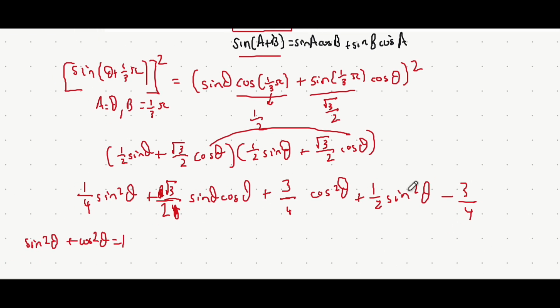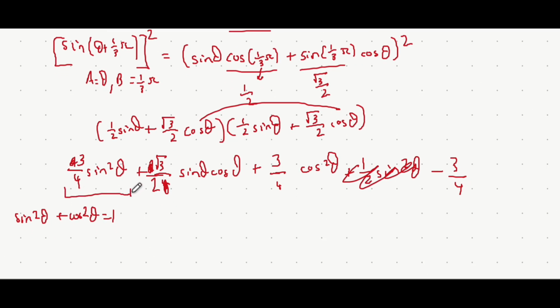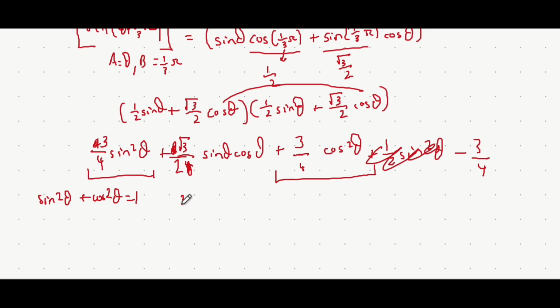Now a quarter plus a half is a quarter plus 2/4, which is 3/4. So we can simplify this and collect like terms and call this 3 over 4 sine squared theta. That's going to help us because now we have 3 over 4 sine squared theta plus 3 over 4 cos squared theta. Or we can say that as 3/4 of sine squared theta plus cos squared theta when you factor out 3/4. And then you can just say that's just equal to 3/4 itself.